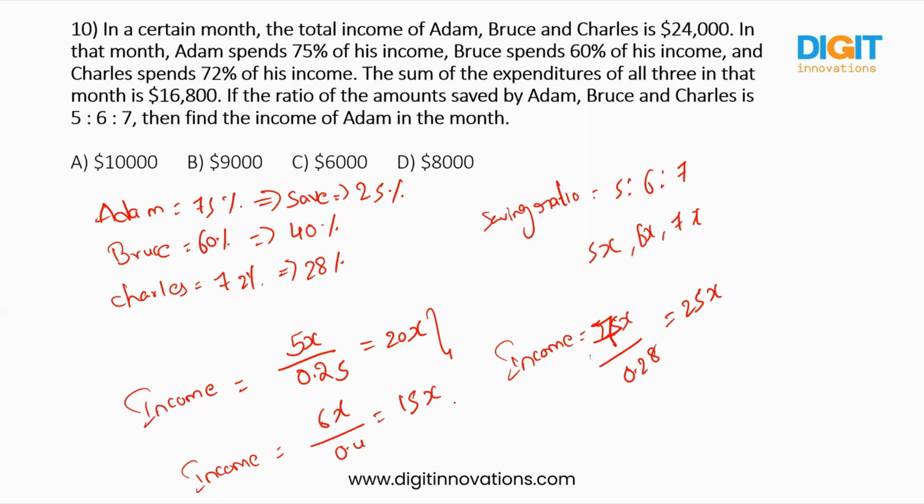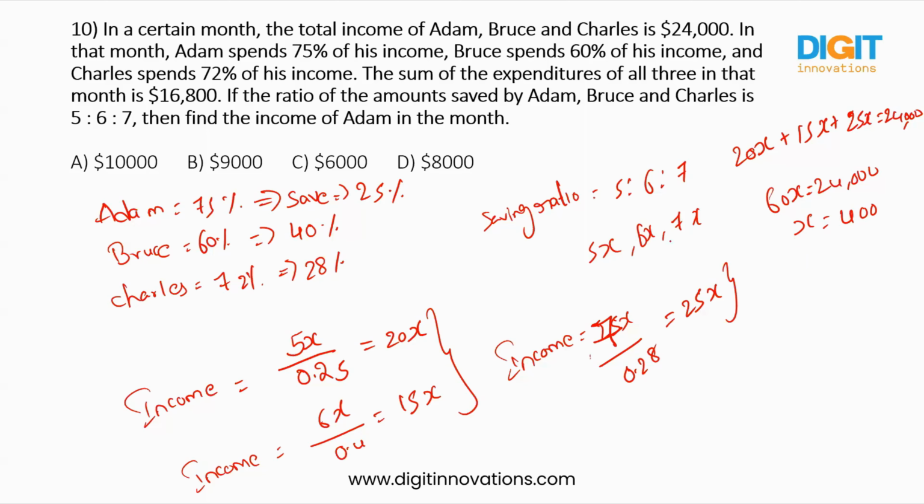So these are the total incomes. So 20x plus 15x plus 25x is equal to the total income, 24,000. So how many are there here? Total 60x equals 24,000. So x equal to 400.